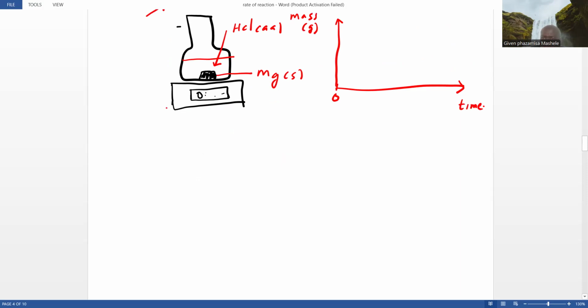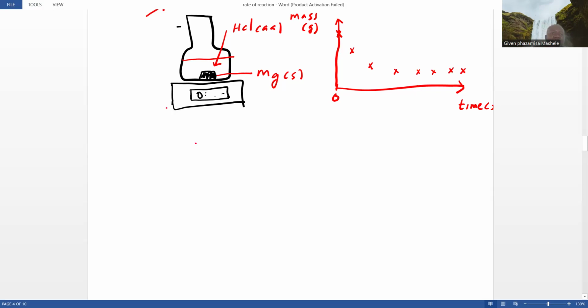At time 0, the mass of magnesium will still be at its maximum, somewhere here. But when time increases, the mass of magnesium decreases, maybe becomes 0 after some time.